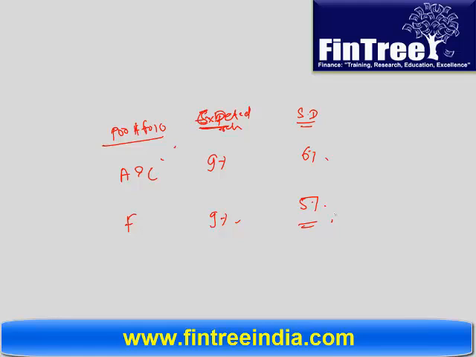And then below that write down, since portfolio E has the lower standard deviation for same expected return of 9%, portfolio E should be selected over portfolio A, C in bracket.